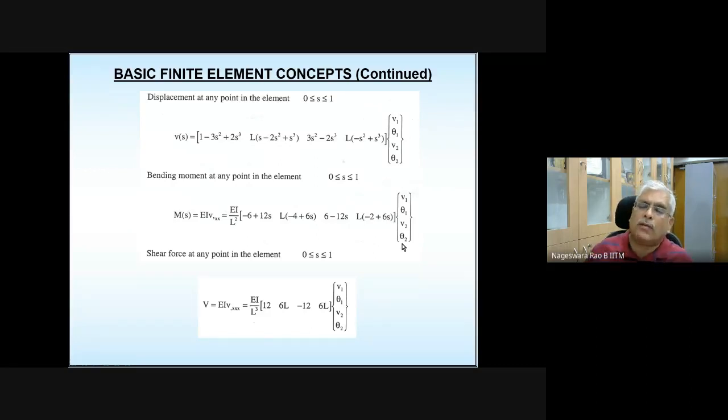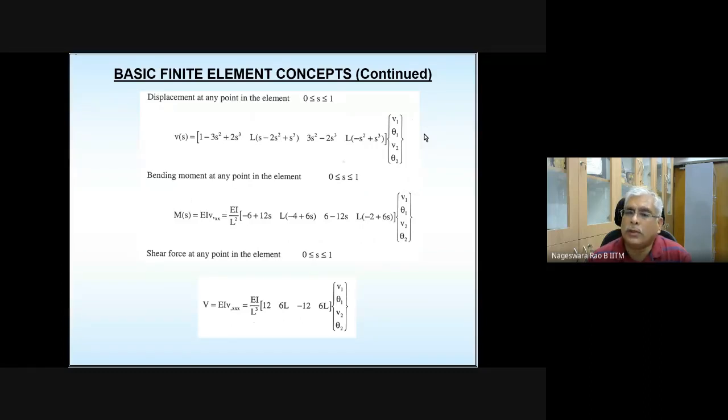Once you get the nodal values, V1, theta 1, V2, theta 2, this is part of post processing. Finally, do whatever mathematics you want. I want to see the bending moment diagram and shear force diagram. That is what structural engineers require, because based on that only we are going to design our reinforcement.